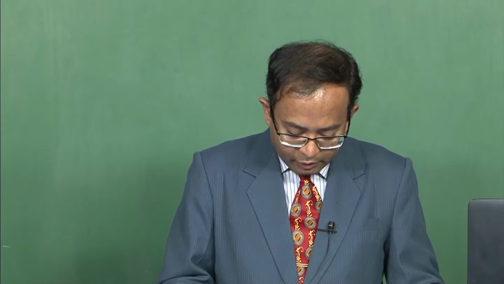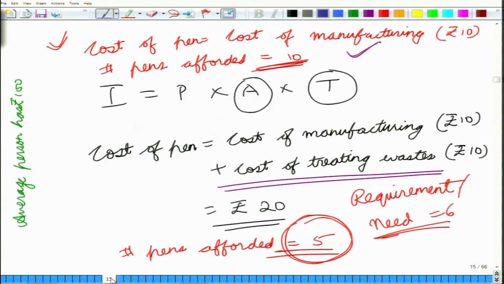So, that compensates one another, which means that when we were talking about the example of the pen, in the case of this company that was manufacturing a pen worth 10 rupees and releasing the effluent into the environment, or this company that is making a pen worth 20 rupees because it is putting 10 rupees into the cleanup operations, they are one and the same.